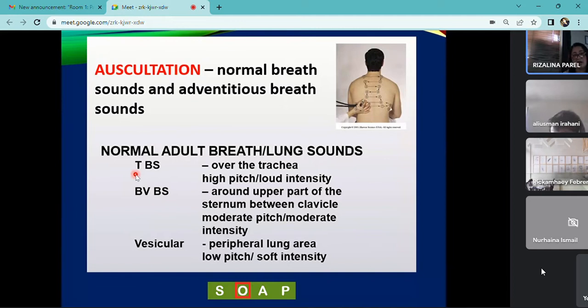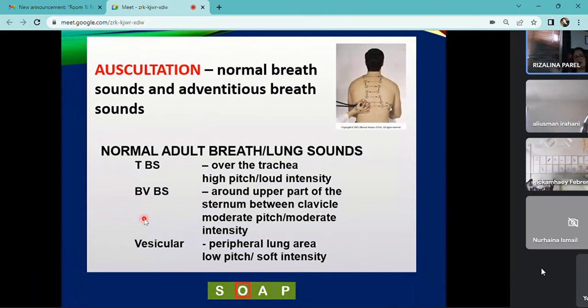Ito tracheal sound ito. Meron pang TB, tracheobronchial sound. Kapag ina-assess natin ang kanyang airway, we are assessing the tracheal and the tracheobronchial. Airway lahat yun, di ba? And kapag ina-assess natin ang kanyang airway with part of the lungs, broncho-vesicular. Okay? So around the upper part of the sternum between the clavicle, yan, broncho-vesicular breath sound.